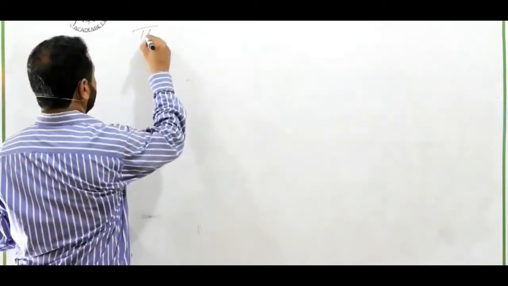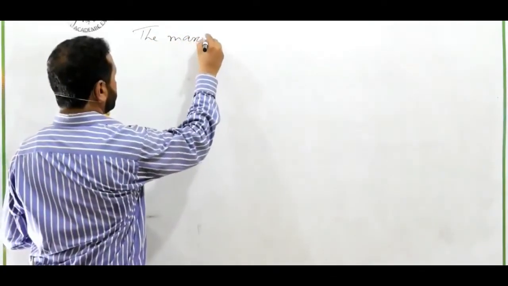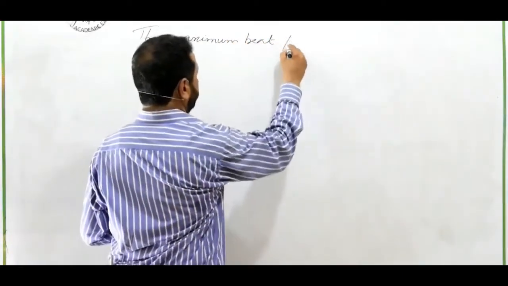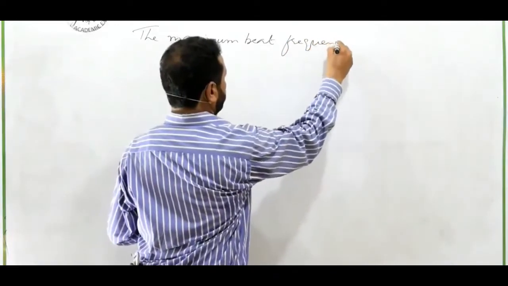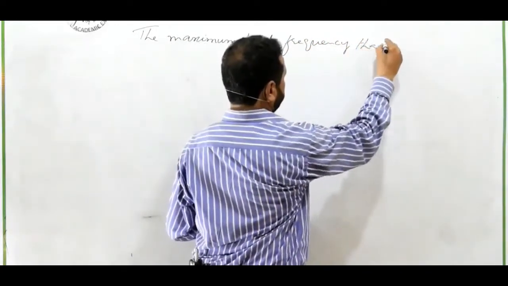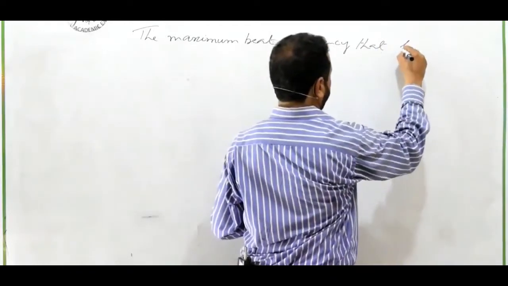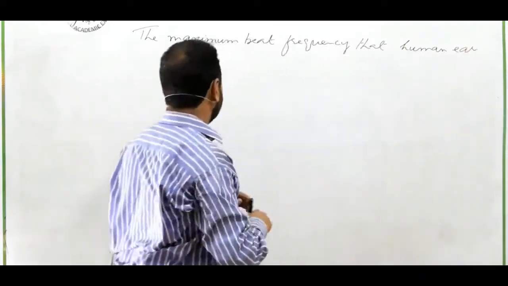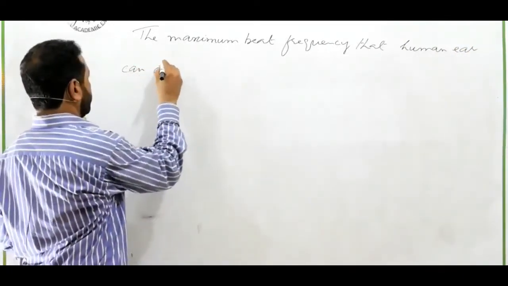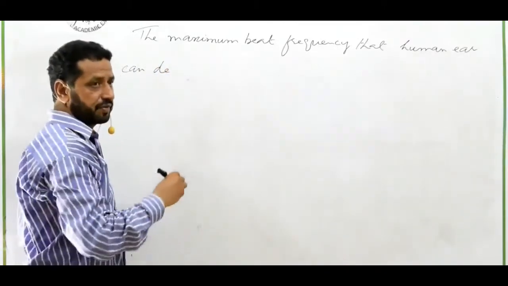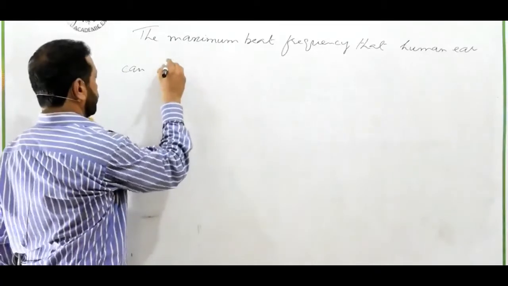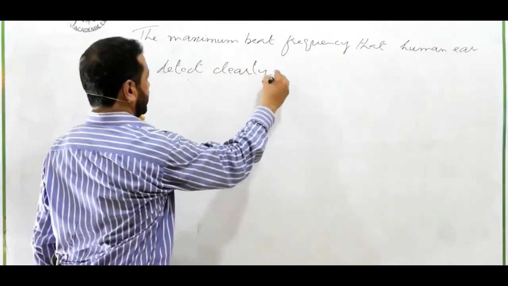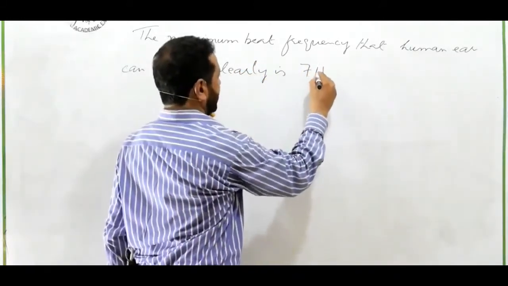So the maximum beat frequency that the human ear can detect clearly is 7 hertz.